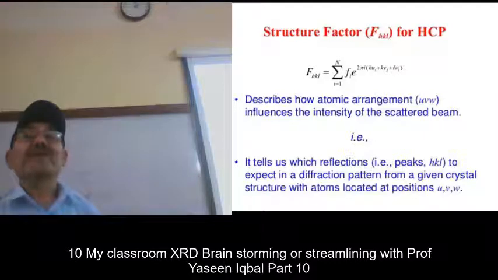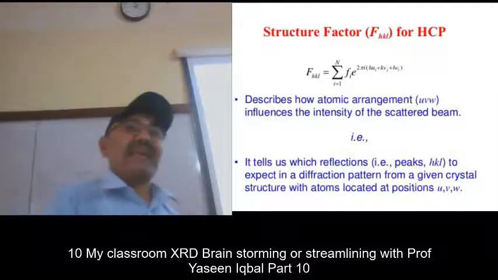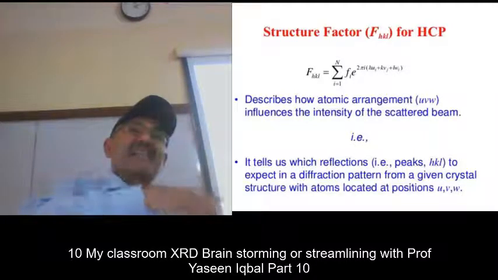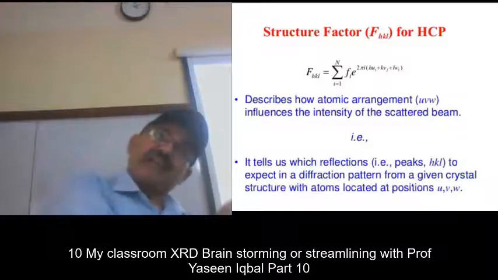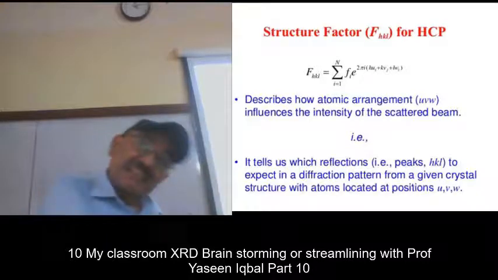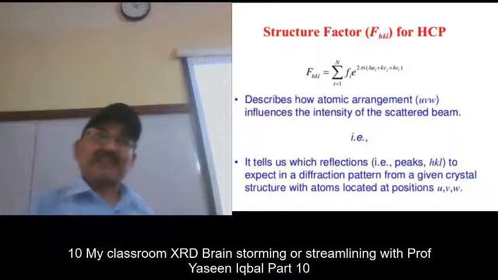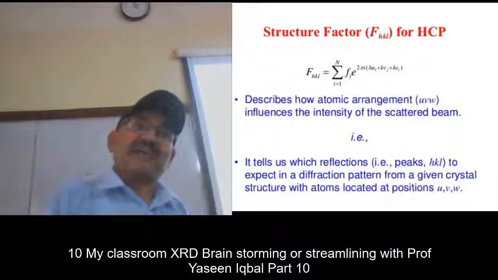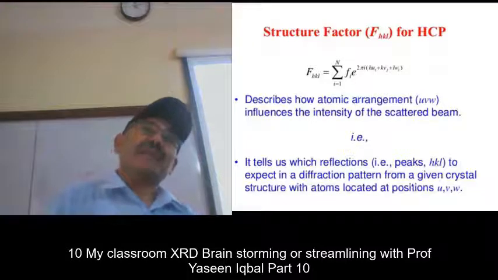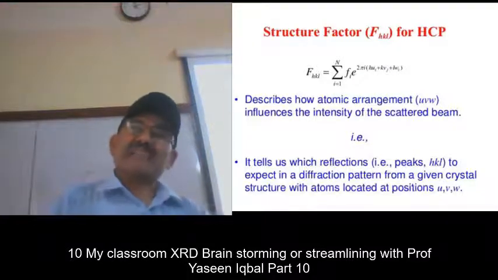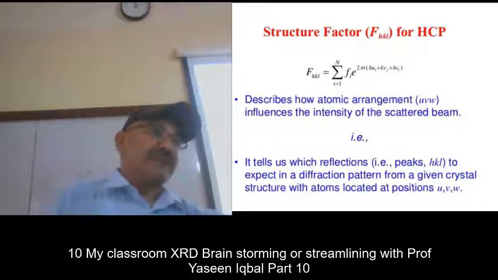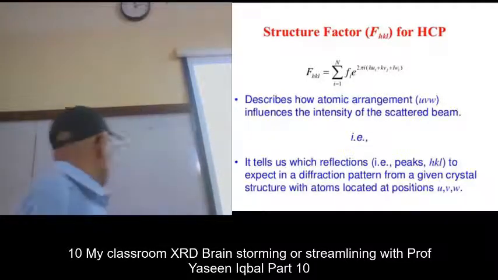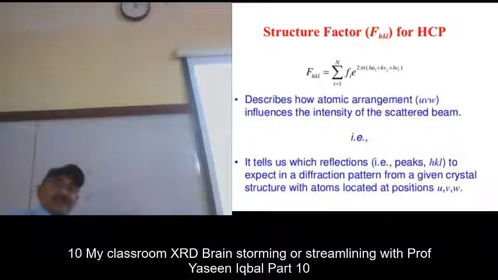Secondly, if the plane is not satisfying Bragg's law, no intensity will come from there. The beam interacts with it, but that wave is not interfering constructively with the other beams, and that is why you have no intensity here.